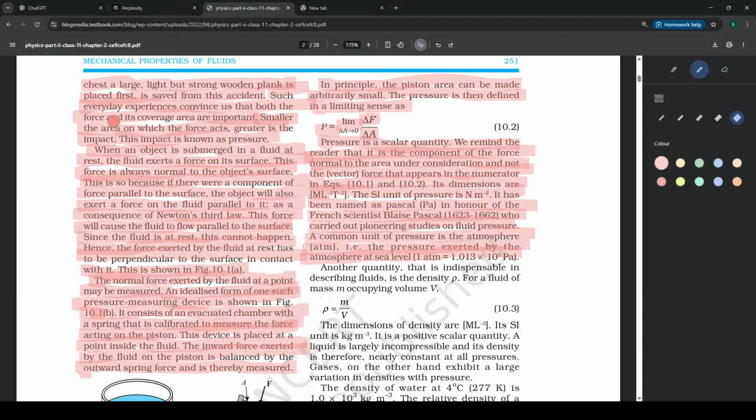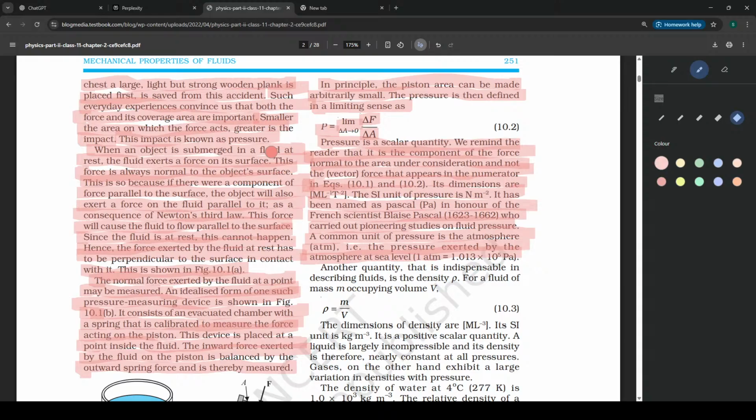If we consider that the piston area can be made arbitrarily small, reducing the surface area of the piston and making it very small, then using the differentiation formula, P equals the limit as delta A reaches 0 of delta F by delta A.